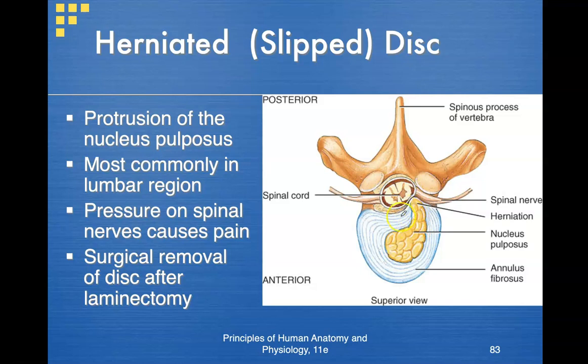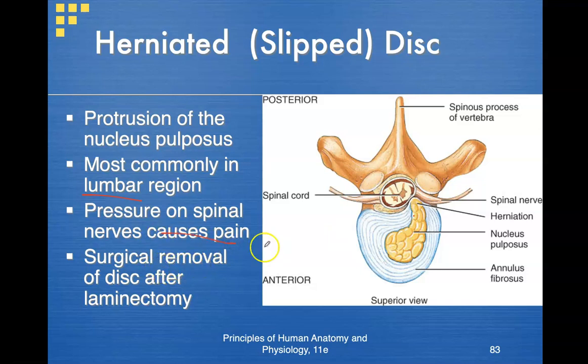If there ends up being a weakness in the fibrocartilage and the nucleus pulposus pushes out of the disc, which most commonly happens in the lumbar region, it can compress the spinal nerves entering and exiting the intervertebral foramen, as well as the actual spinal cord, causing quite a bit of pain.